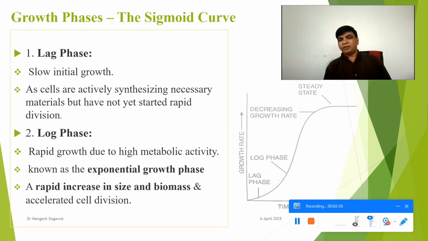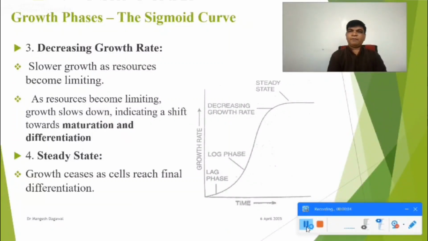No doubt the cell division rate is fast, but along with that there is also cell enlargement. The third phase is the decreasing growth rate.